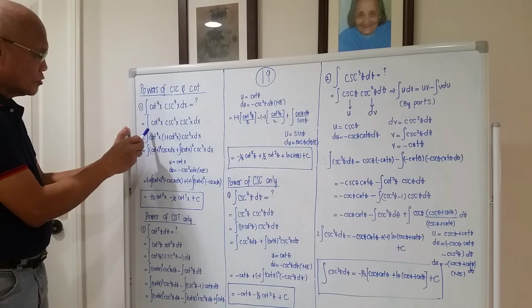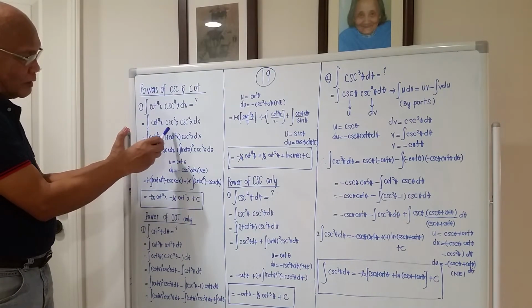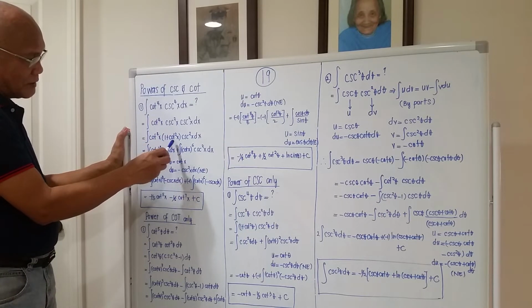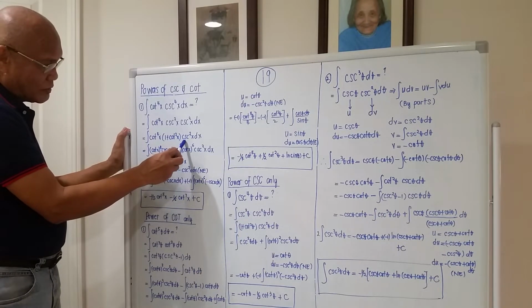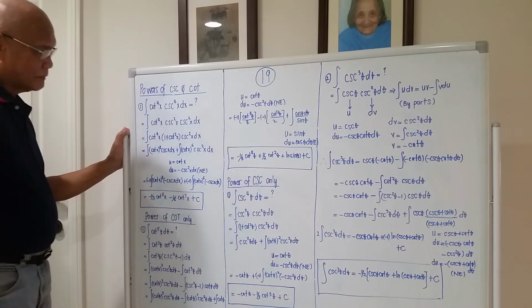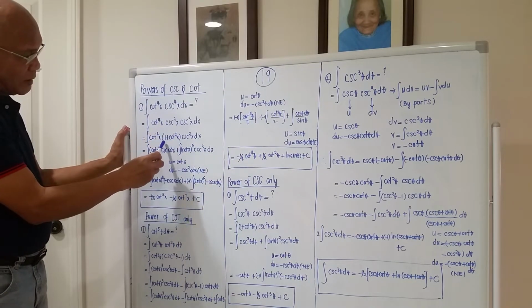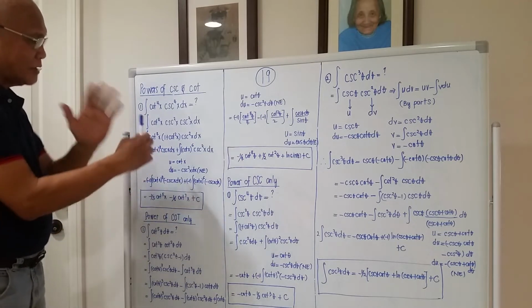Continuing, this should be the integral of cotangent to the fourth of x. We will replace cosecant square by 1 plus cotangent square of x times cosecant square of x dx. We replace one cosecant by its equivalent in terms of cotangent. Then we try to expand.